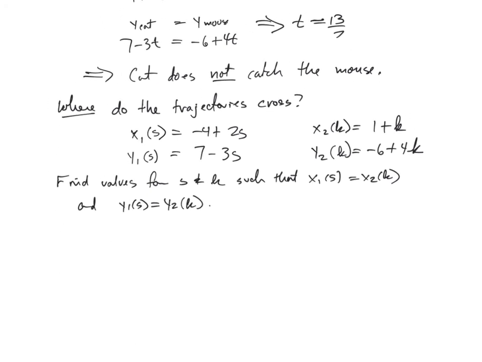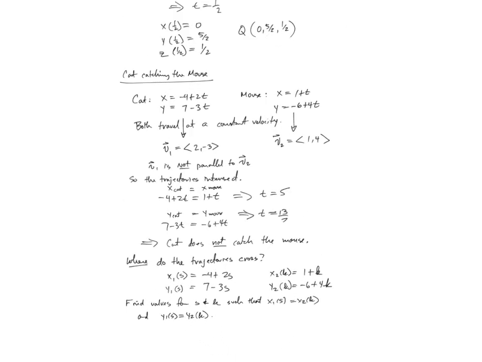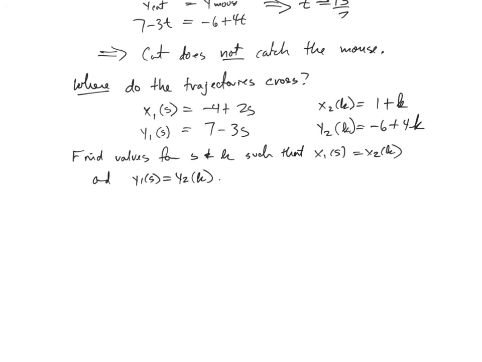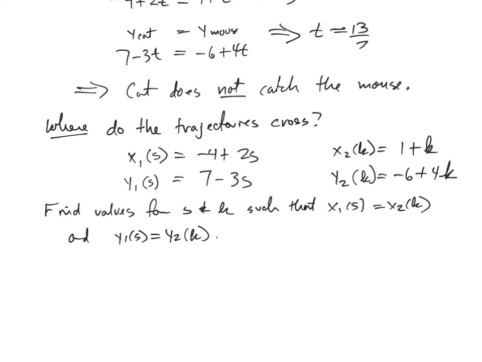Well, we just say x1(s), which is negative 4 plus 2s, has to be equal to x2(k), which is 1 plus k. Okay? Negative 4 plus 2s has to be equal to 1 plus k at the crossing point.